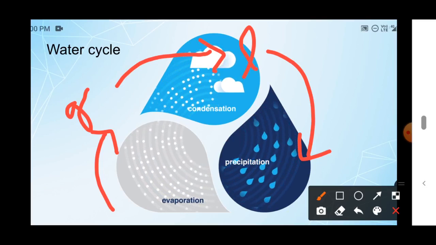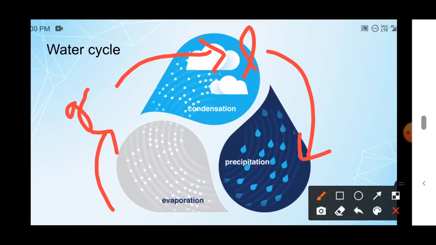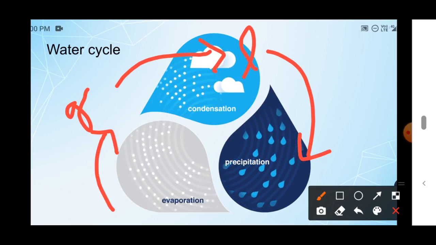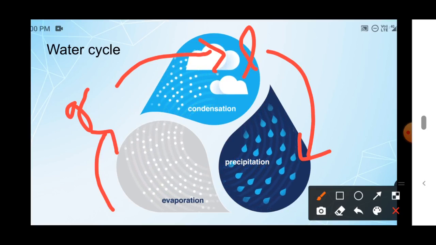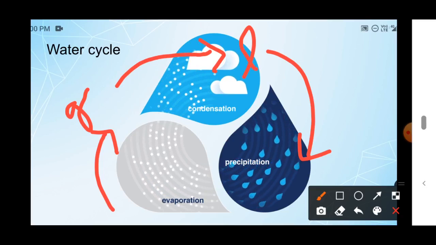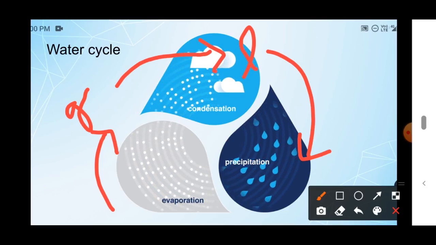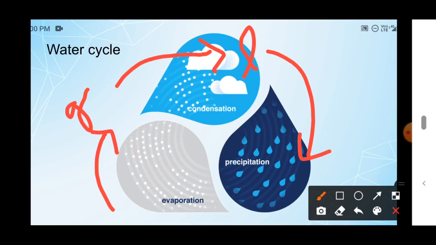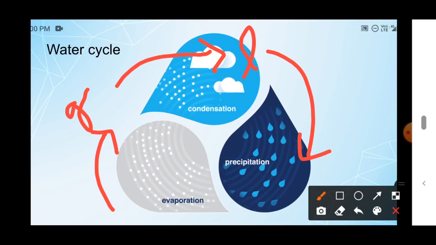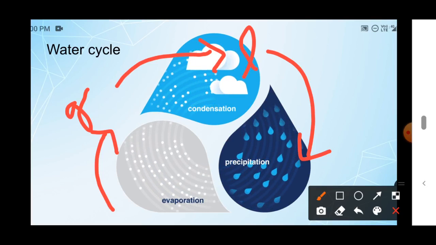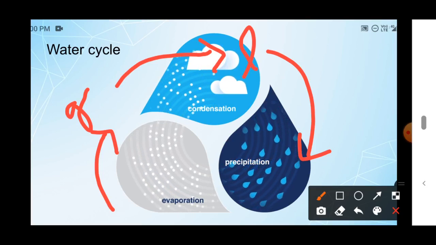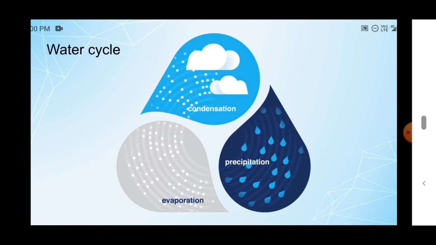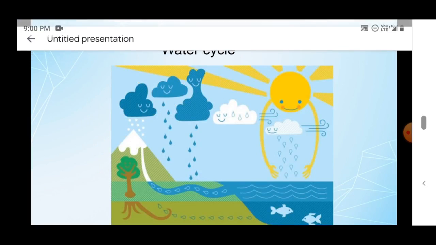Surface water first converts into water vapor, then water vapor condenses to form a liquid. That means water. That water again falls as rain and reaches the earth's surface. This is known as what? Water cycle. In everyday life, the water cycle plays an important role. Okay, so see this picture.